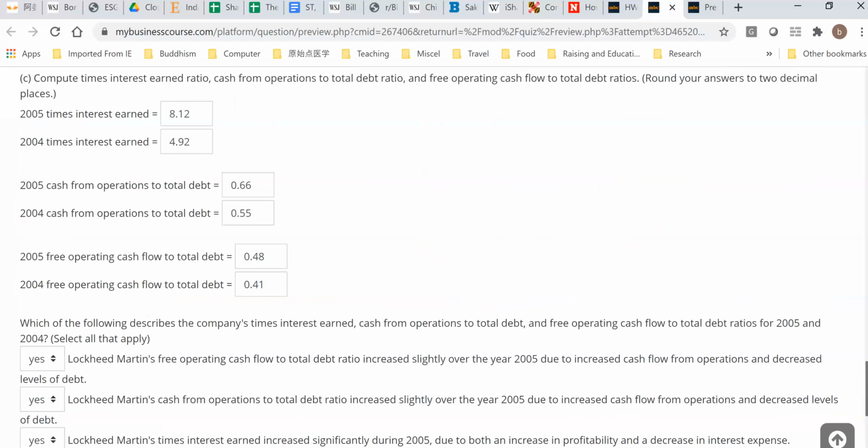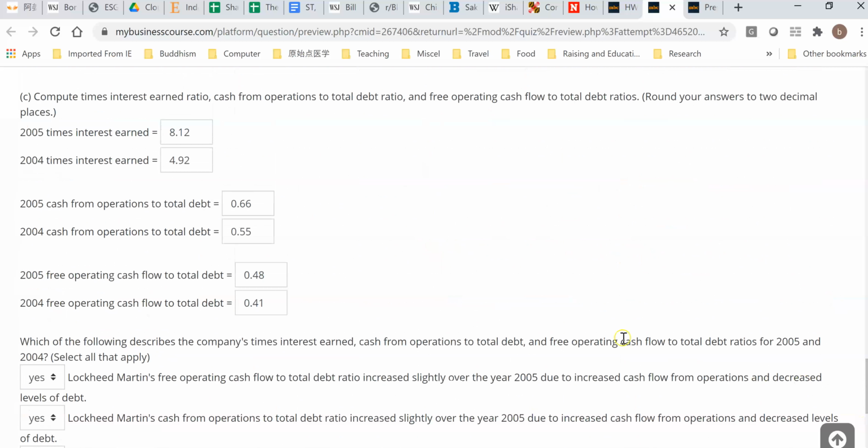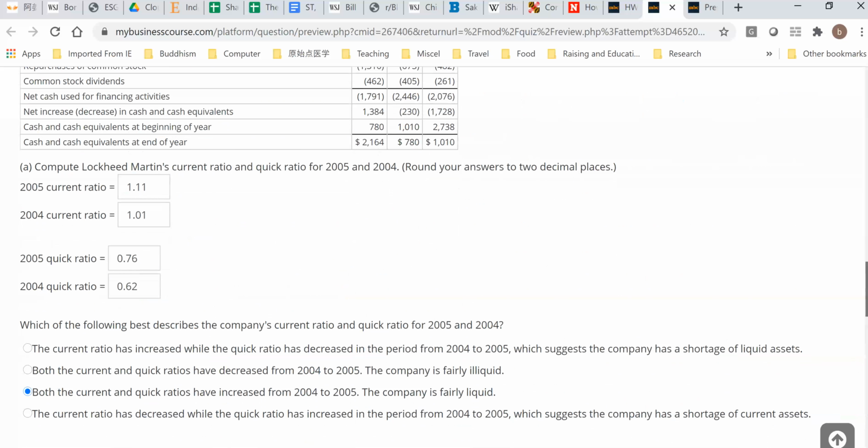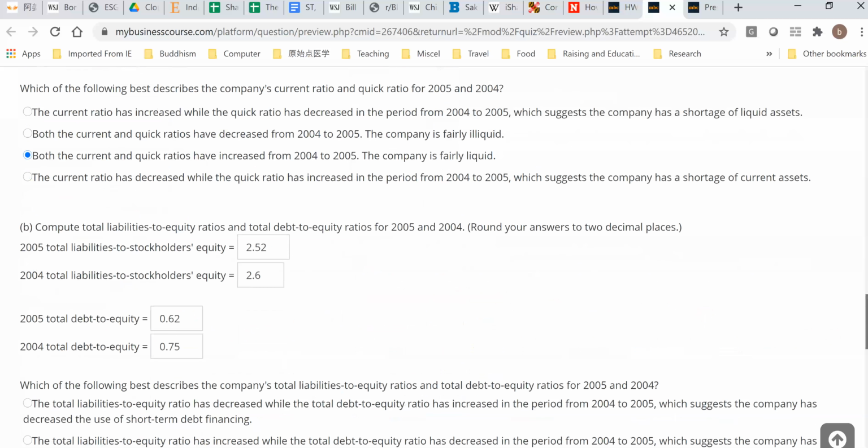We can see that in this case, first, as we already observed, the current ratio and the quick ratio are both liquidity ratios, right? Liquidity ratios have been going up, so there's no problem there. And what about solvency ratio, total liabilities to stockholders' equity, and the total debt to equity ratio?